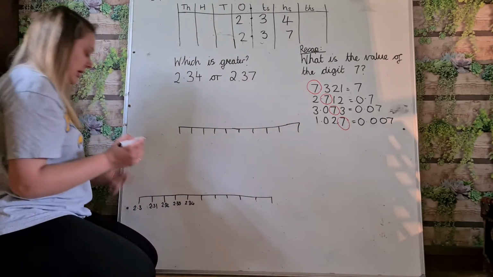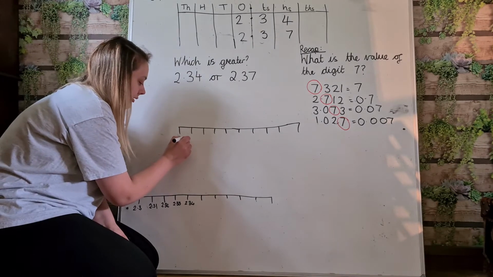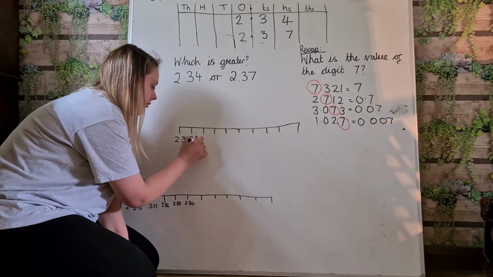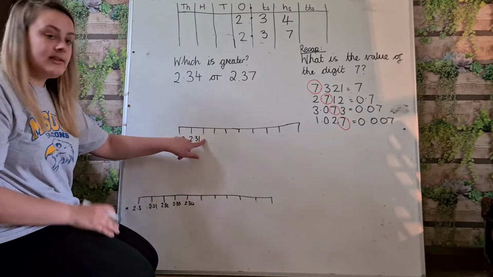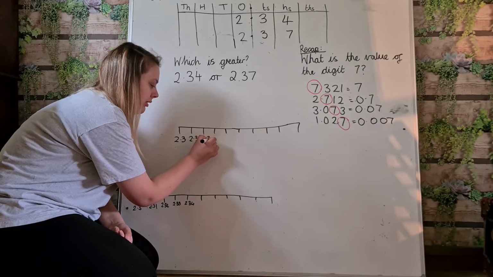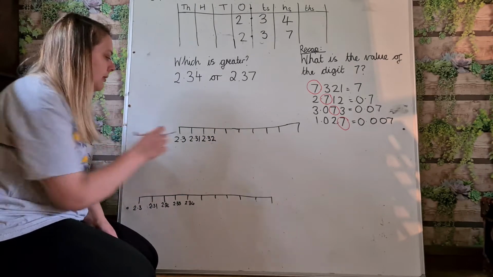If we have a look at a number line, so if we start off with 2.3, and then if we have 2.31, what would be the next number on our number line? Brilliant, it would be 2.32, well done. What about next?